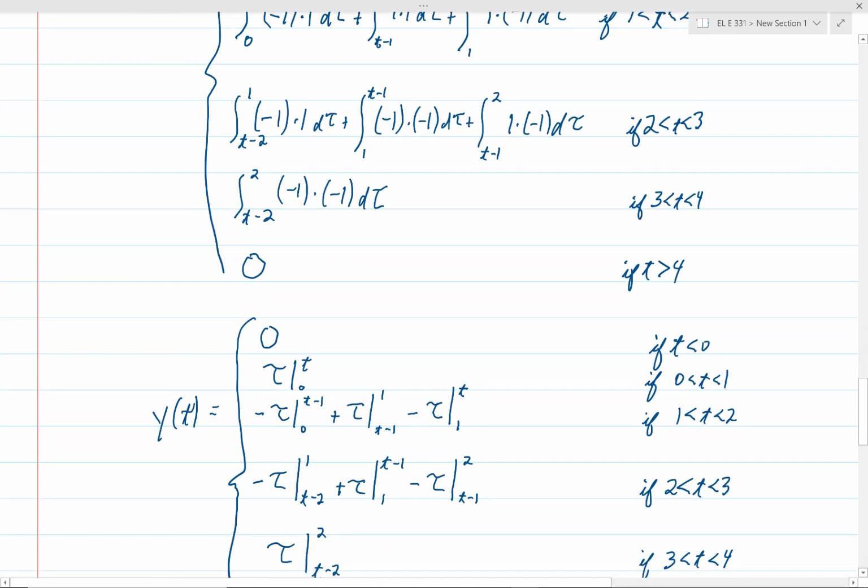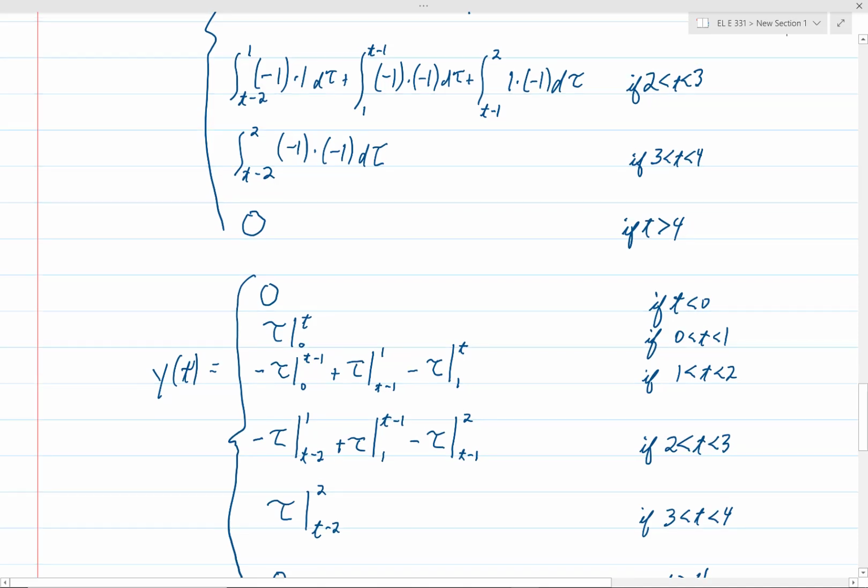Okay, now let's go to the next one. Negative 1 times 1 is negative 1, and the integral of negative 1 d tau is negative tau, and the limits are t minus 2 and 1, as you can see here. And then negative 1 times negative 1 is positive 1, and the integral of positive 1 d tau is positive tau, as you can see right here, and the limits are 1 and t minus 1.